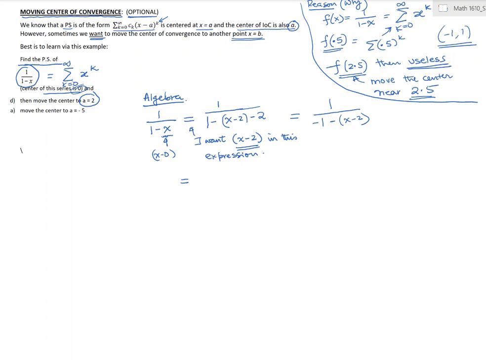But to be able to use this series, 1 over 1 minus x is the sum of x to the power k, I have to have 1 and minus something, whatever this thing is goes here as x. The number in the numerator doesn't matter, so I can always take care of it. So I have to have a 1 and a minus. I have a negative 1, so I factor out negative 1 and then I get 1 plus x minus 2.